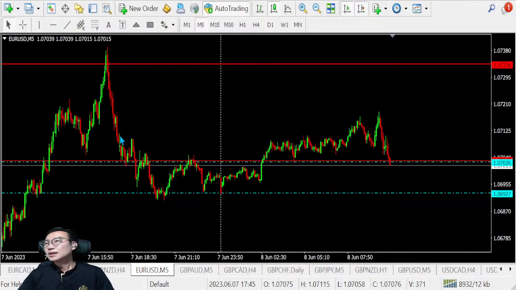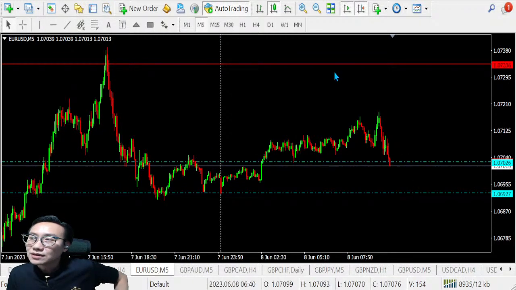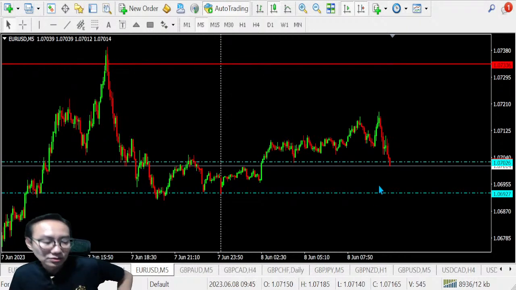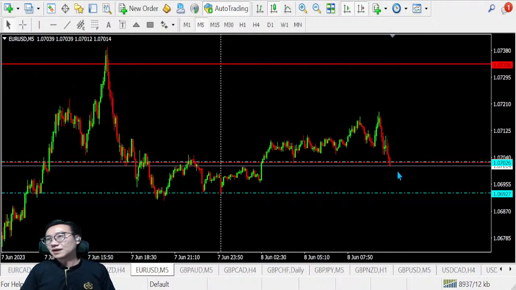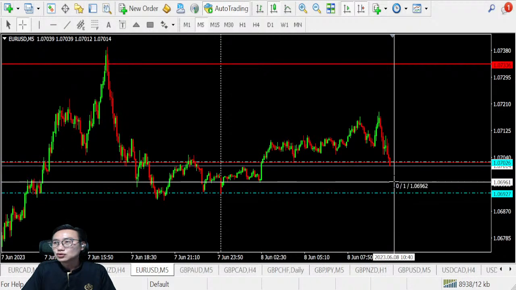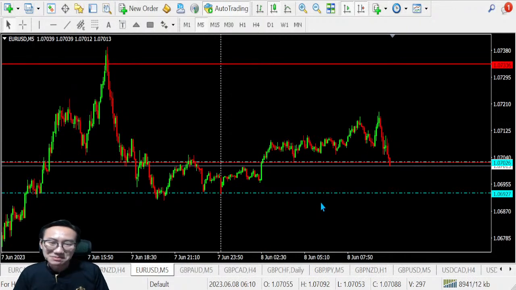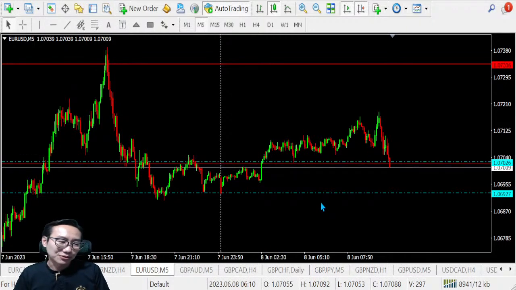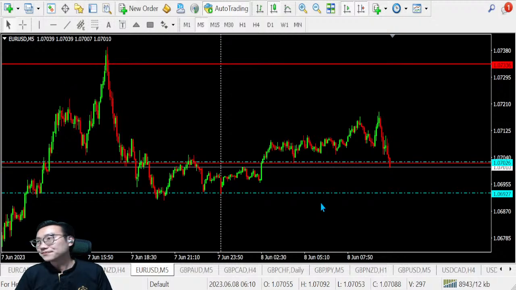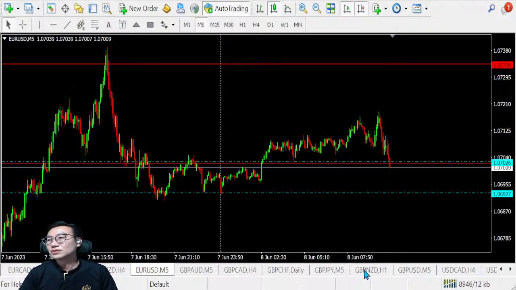If you're going to enter for euro dollar now, a 5 pips scalp should be okay. Not enough, it's exactly 5 pips, but taking the spread into consideration is also very important.